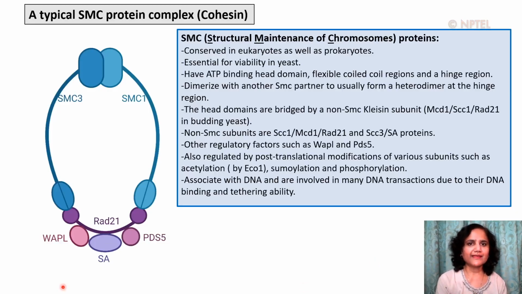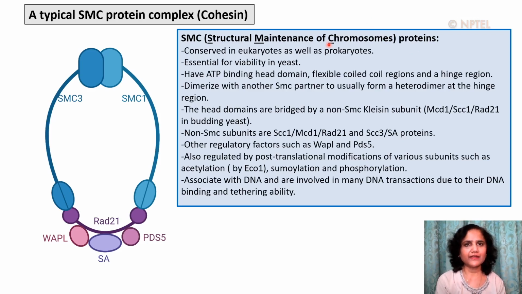Shown here is a schematic of a typical SMC protein complex. Now SMC stands for structural maintenance of chromosomes. And these proteins are conserved in eukaryotes as well as prokaryotes. They are very important in terms of function.